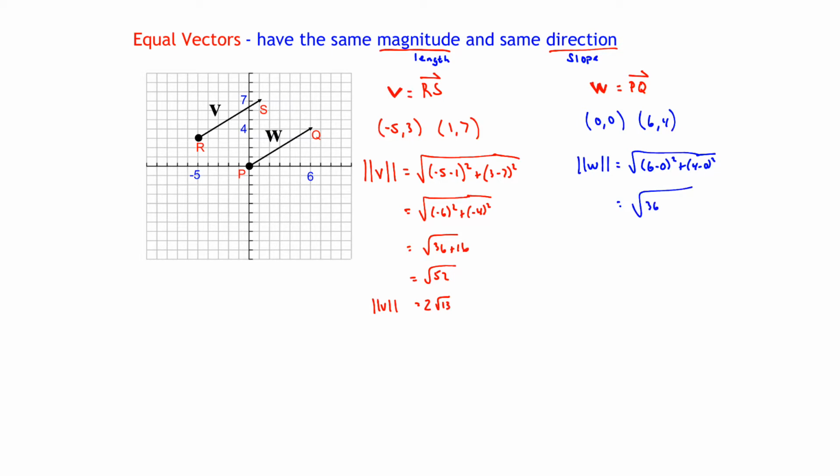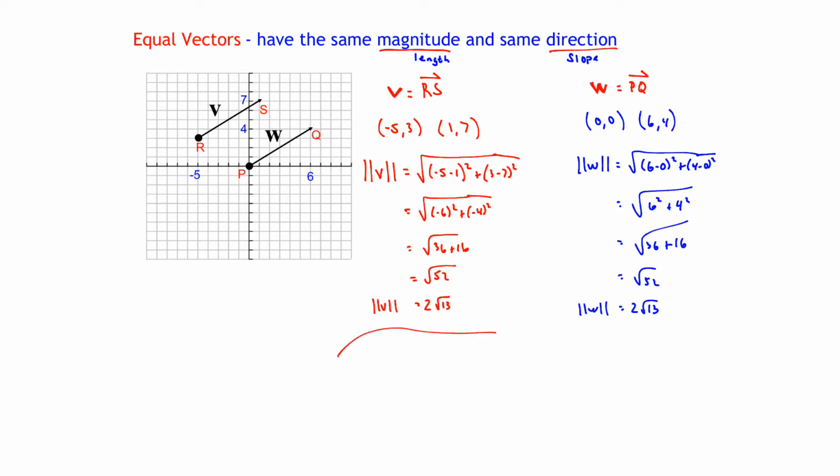And then that'll be the square root of 6 squared plus 4 squared. So once again, we get the square root of 36 plus 16, which is the square root of 52. So once again is equal to 2 square roots of 13. So we know that vector W has a magnitude of 2 square roots of 13.